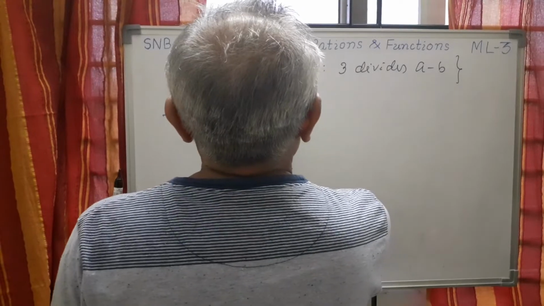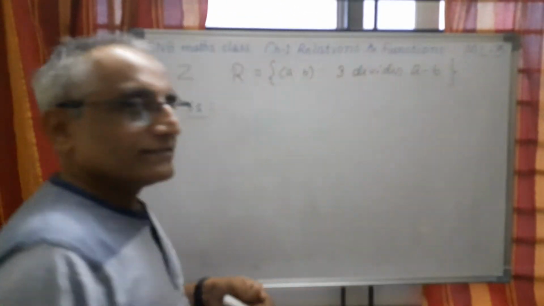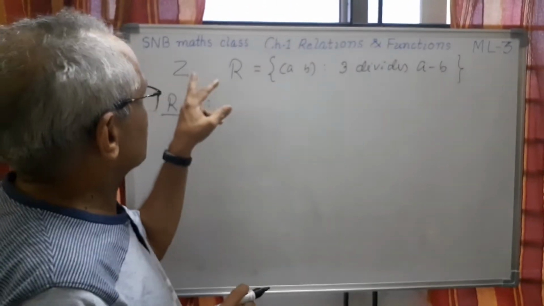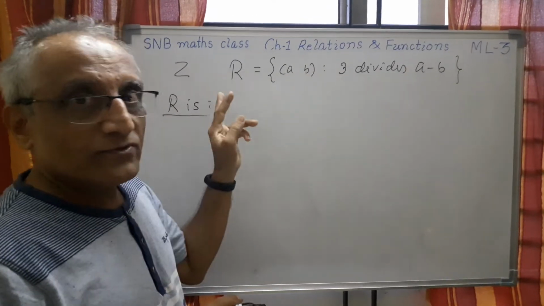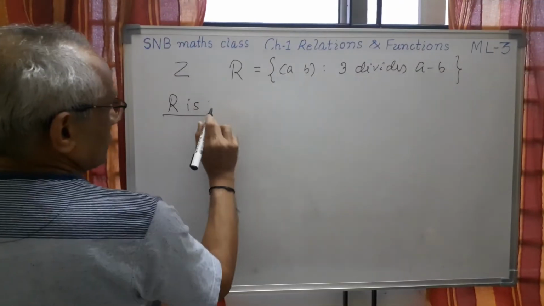So let us take the next concept. R is transitive. What is the definition? If (x, y) belongs to R and (y, z) belongs to R, we have to prove (x, z) belongs to R. Let us see how to do it.